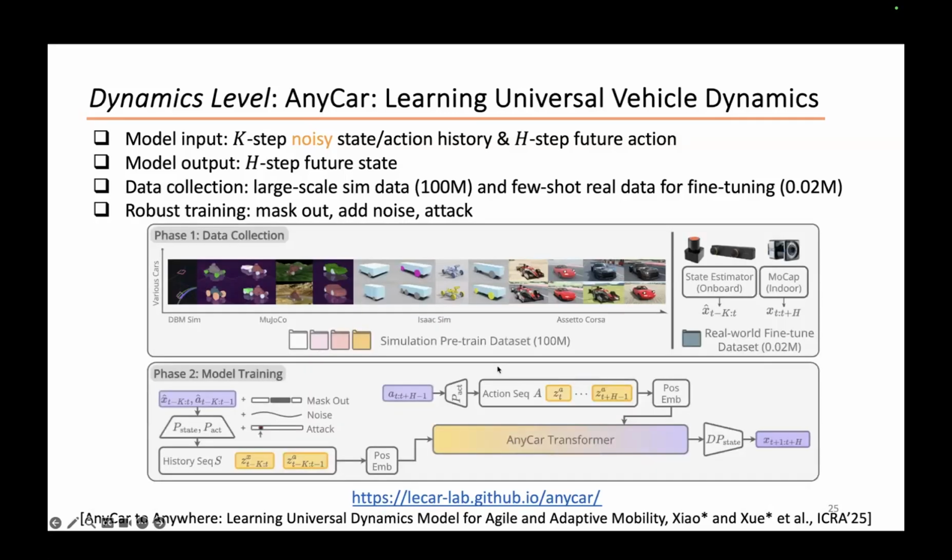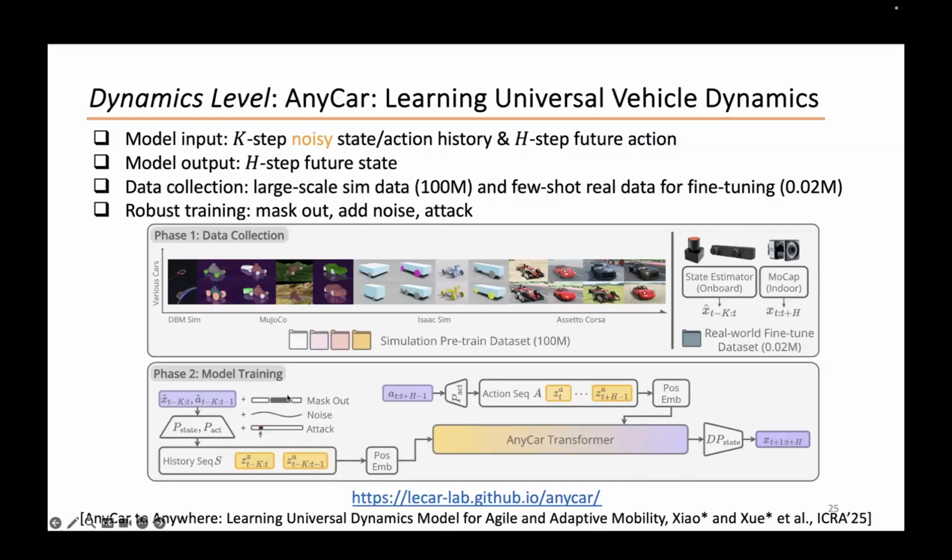Another thing that makes the framework practical is the training design. This is our architecture, which is a fairly standard transformer. We have everything a language model has. We have a tokenizer that encodes the original state and action into a continuous latent space, and we learn the model in latent space. We have an auto decoder, which is standard. But what I want to highlight is that we have some designs to make the model robust.